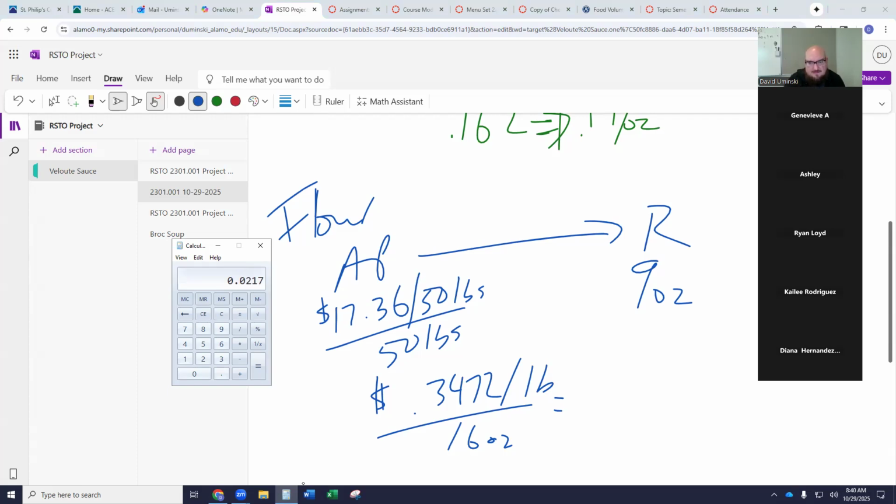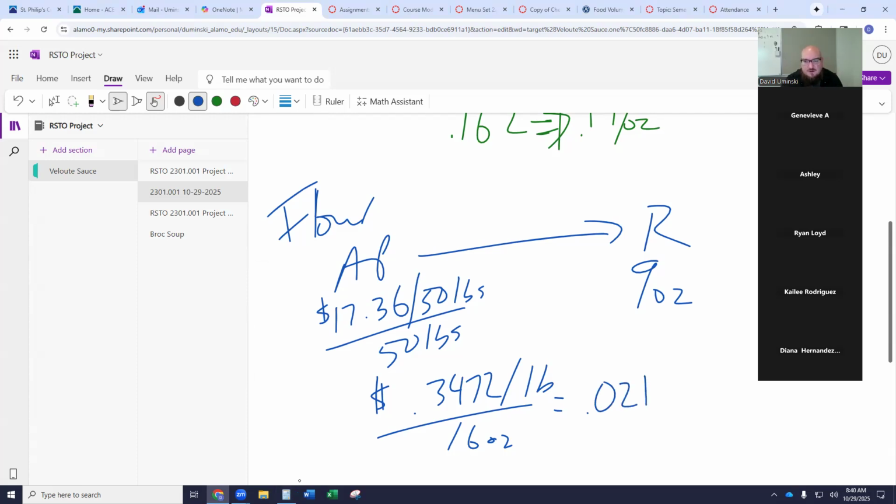Okay, that might be the issue because I'm getting 0.0217. And because this is dollars, we're going to round up to the nearest penny. We're going to round this up to 3 cents per ounce. Okay.